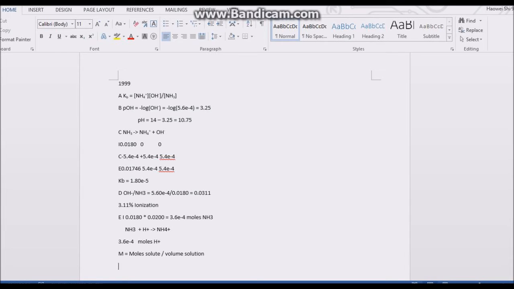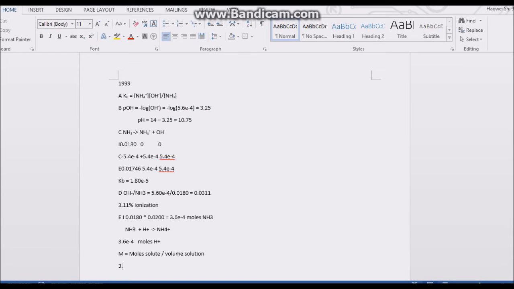We could divide moles by the concentration to get the volume.